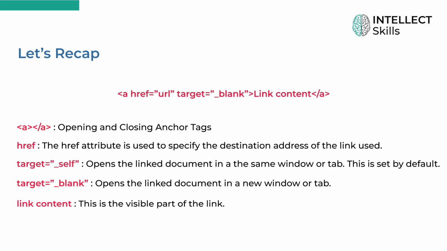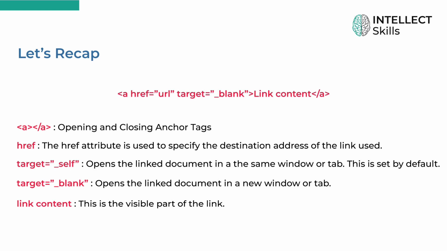Okay, so now let's recap on what we have learned in this video. So as you can see in the example, to define a link, we use the opening and closing anchor tags. The href attribute is used to specify the destination address of the link used.